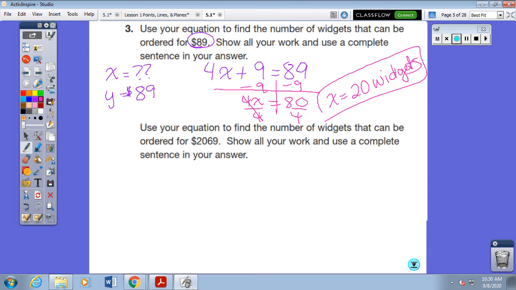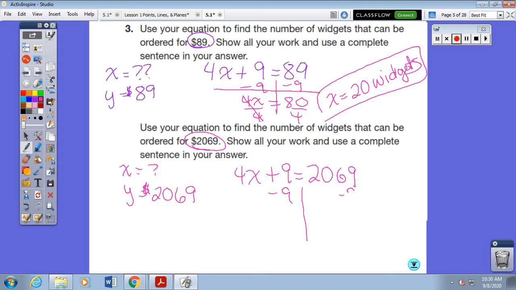Okay. Use your equation to find the number of widgets that can be ordered for $2,069. So x, looking for widgets. Y, looking to have $2,069 to spend. So 4x plus 9 equals $2,069.